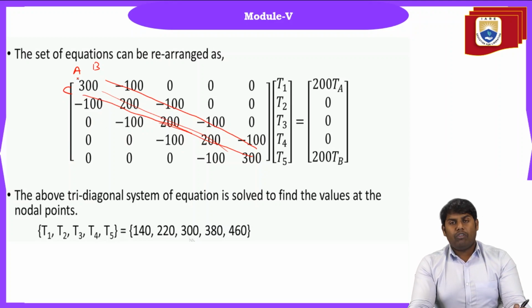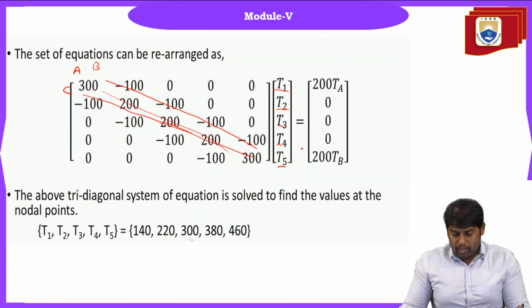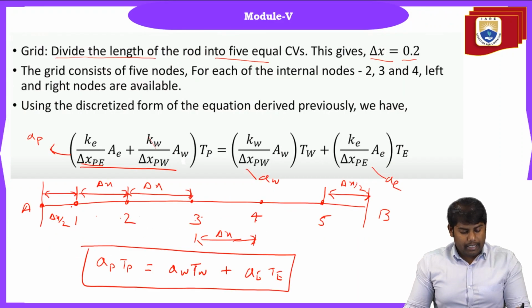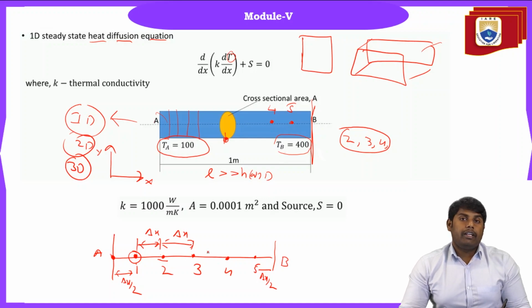At the end, we need the values of T1, T2, T3, T4, T5. What is the meaning of T1 to T5? In the diagram, the element is divided into 5 parts. The first is used for the initial grid point, then the second, the third. So the first element temperature is T1, second T2, third T3, fourth T4, fifth T5. We get these values by inverting the matrix.